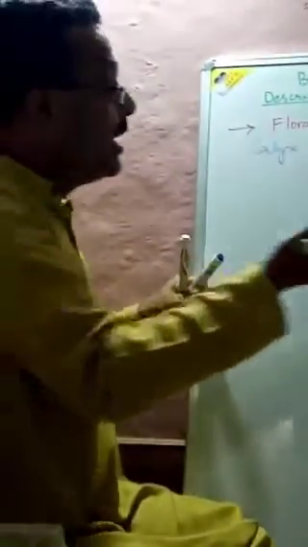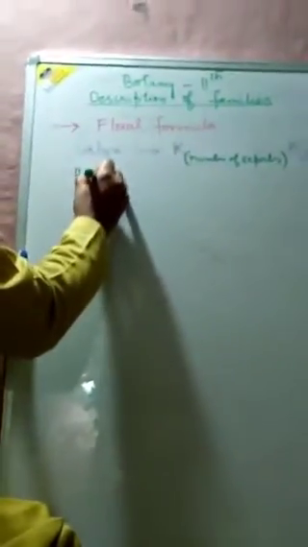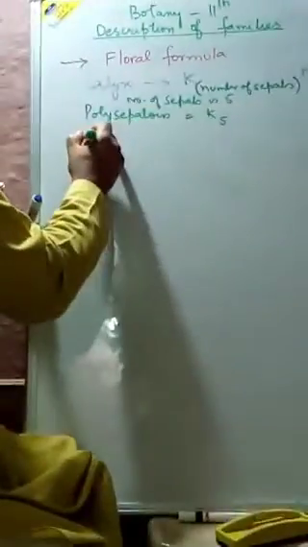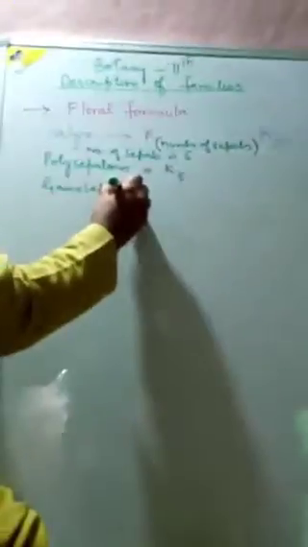When they are free, then no bracket is written. So when they are free, we will get the polysepalous. अगर हमारे पास number of sepals is 5, so it is written as K5. When it is gamosepalous, that means the sepals are fused, then it is written with brackets.